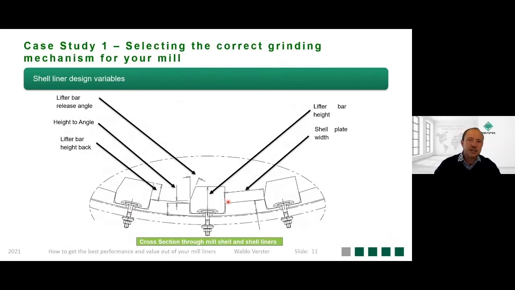And that is of significance because that will determine if your shell plate will wear out before the lifter bar, and it will also give you a good indication if there will be some blocking of material between adjacent lifter bars. And then lastly, your shell plate thickness. This will significantly influence your total mill volume as well as your wear life of your liner.